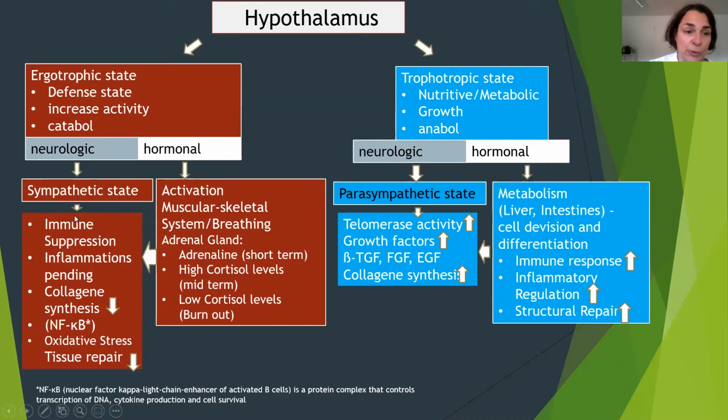So there's an immune suppression because in the adrenal gland, everything is on activation. Adrenaline, noradrenaline is secreted, and in the long term, if this happens quite often, then we get a higher cortisol level. This is the long-term hormone, and at the end we come back to low levels of cortisol.